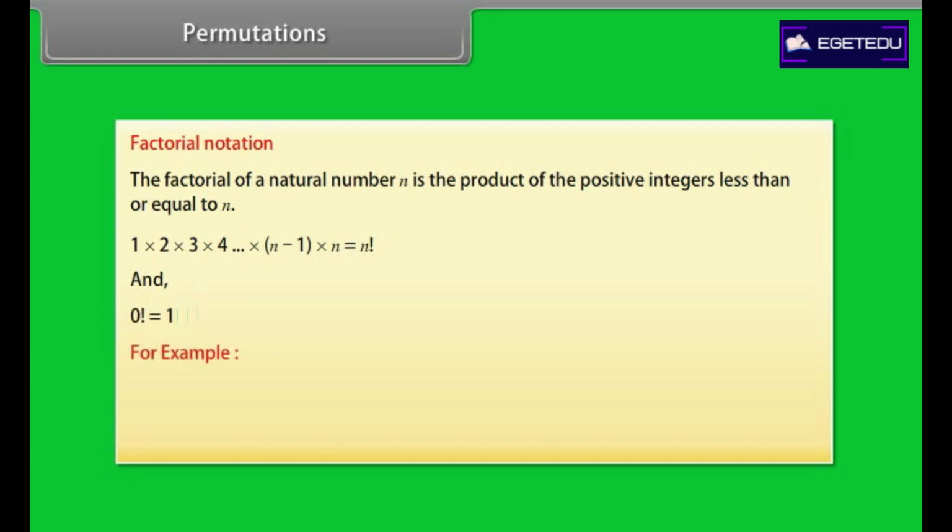For example, 7 factorial is equal to 7 into 6 into 5 into 4 into 3 into 2 into 1, which is equal to 5040. 5 factorial is equal to 5 into 4 into 3 into 2 into 1, which is equal to 120.